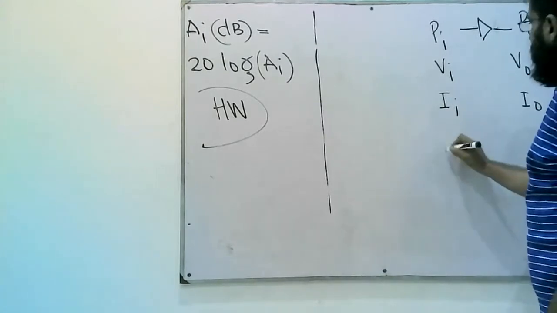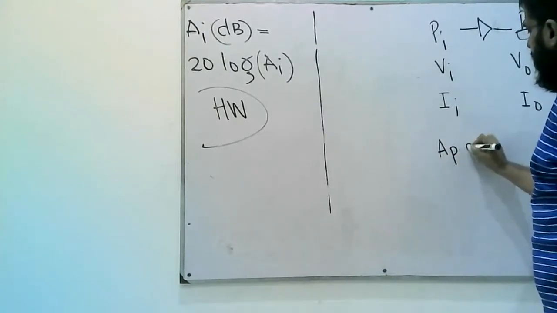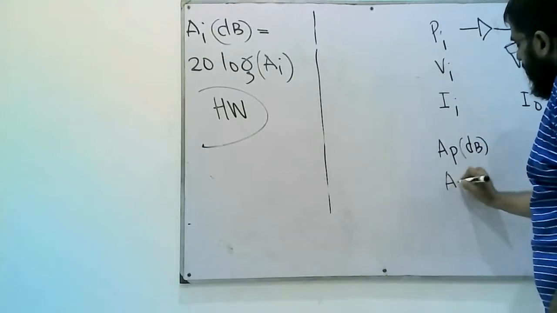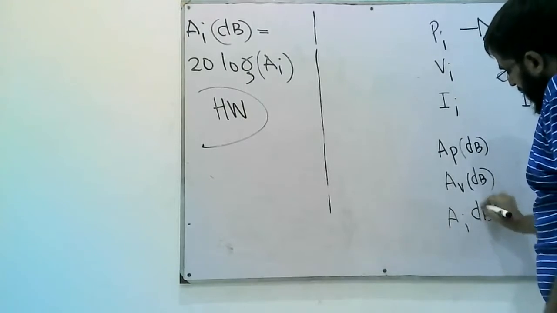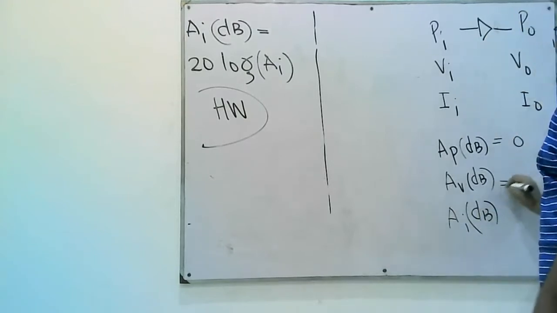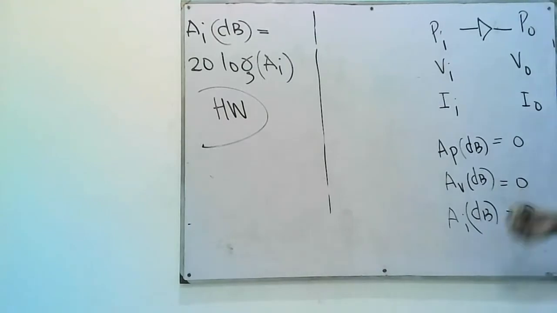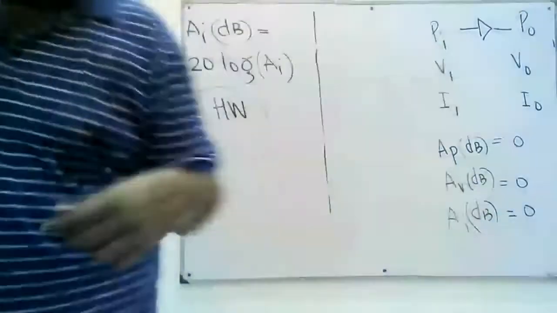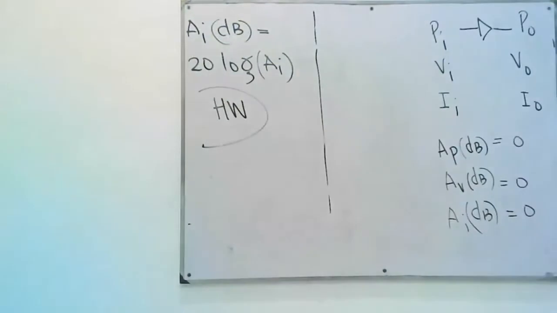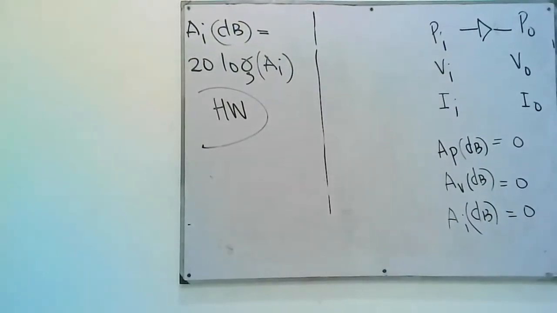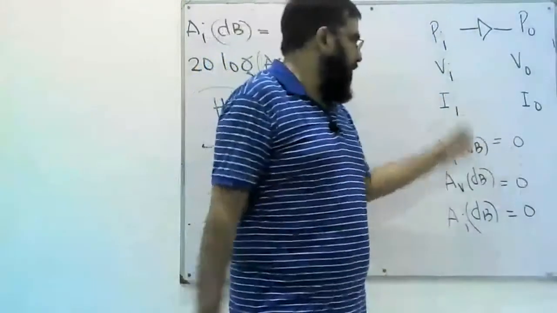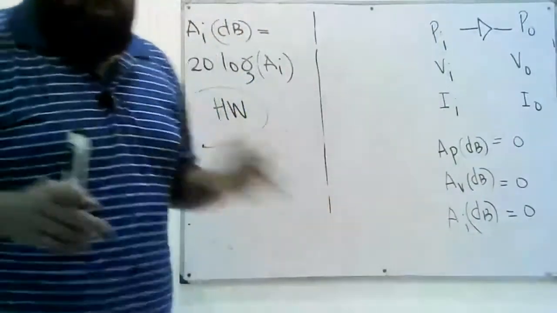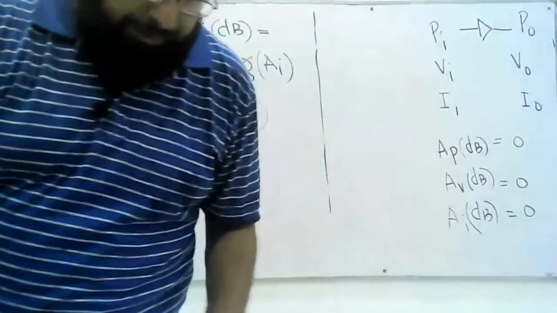For that, AP in dBs or AV in dBs or AI in dBs are all equal to 0 because log of 1 is 0. Since the gain is 1, all these gains are 0. And from this reference we can measure different other gains.